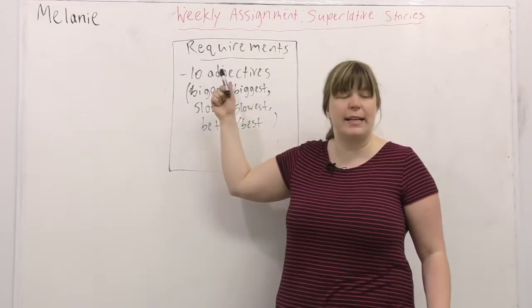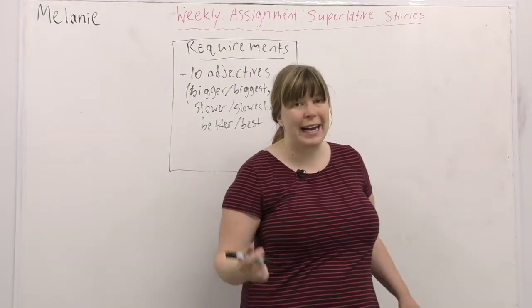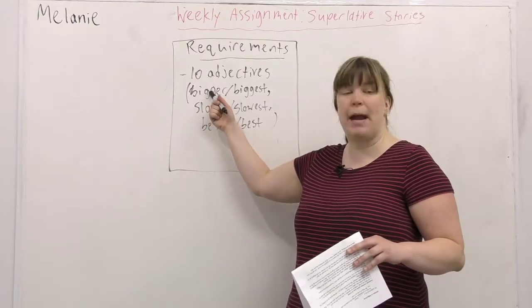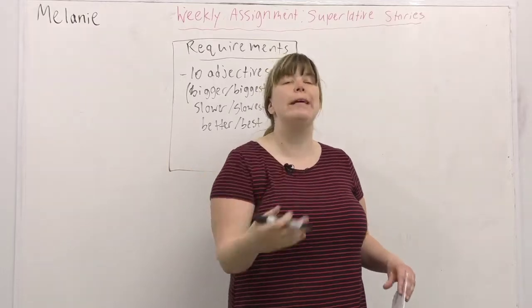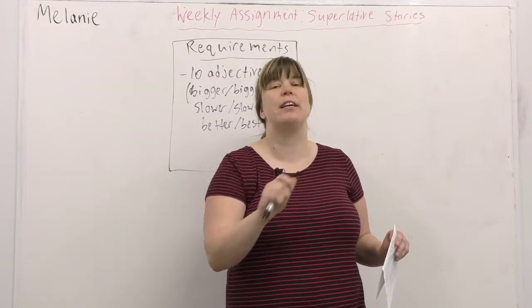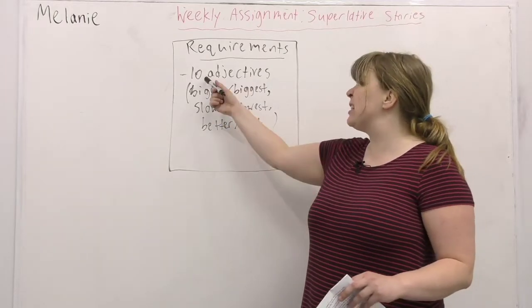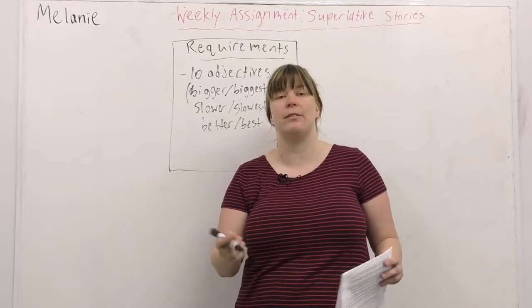So this is kind of more of a grammar point. So if you can, please try to use some comparatives and superlatives. I'm going to give you some examples as I give my story to you in a bit. So try to do this 10 times. Try to use 10 different adjectives.